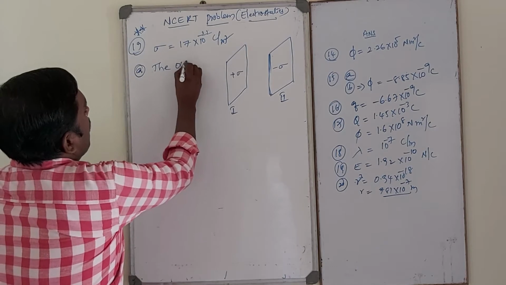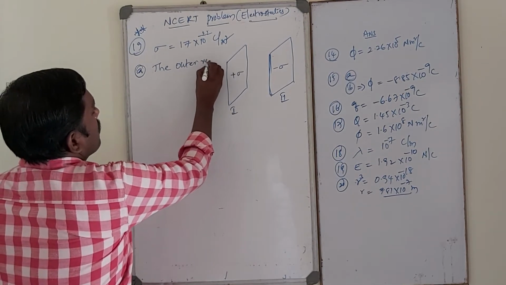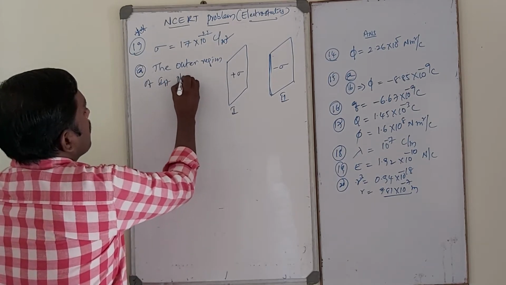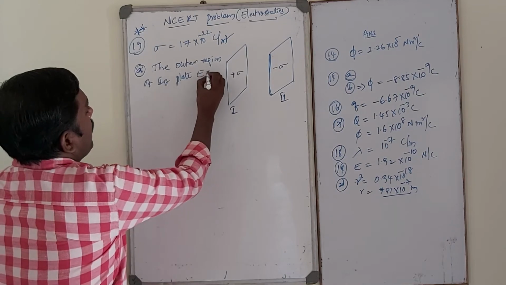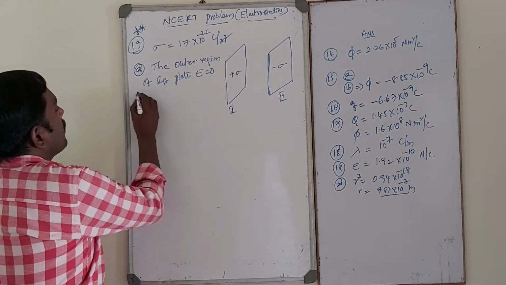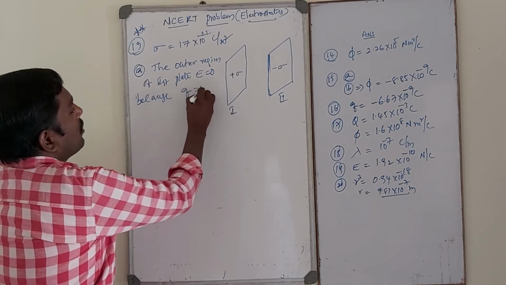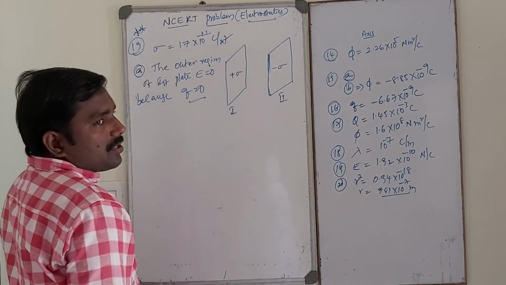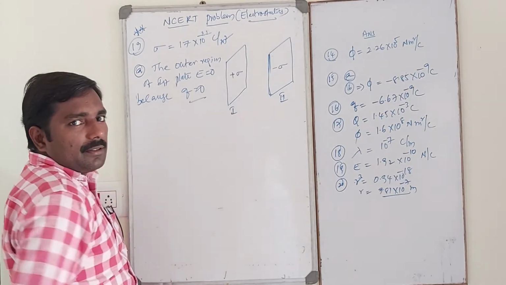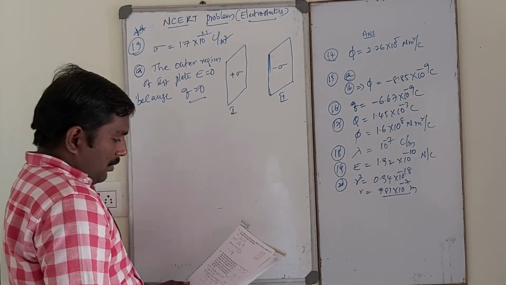The electric field in the outer region of the first plate is equal to 0 because the charge is 0. There is no charge in the outer region. Only surface charge exists inside, not outside.